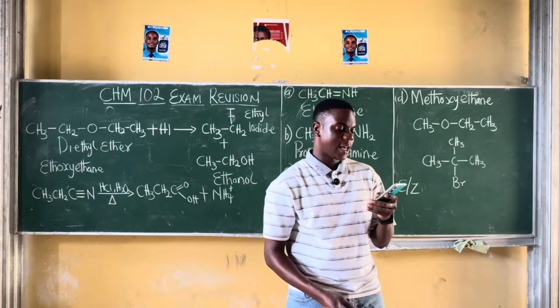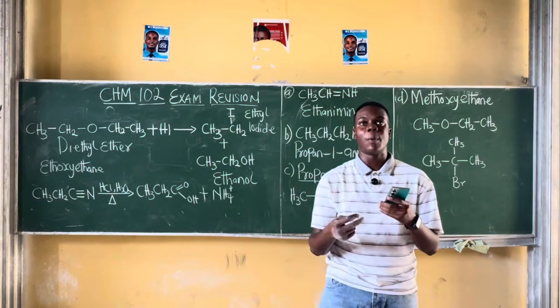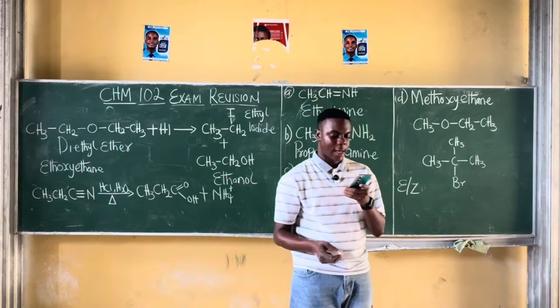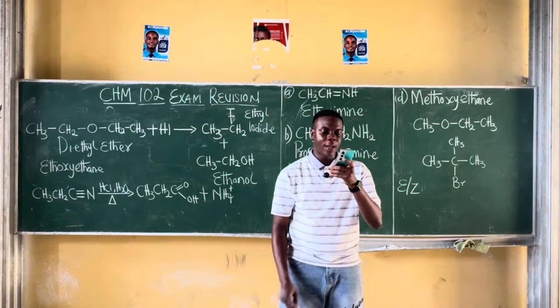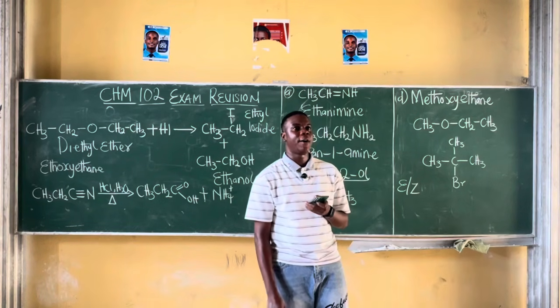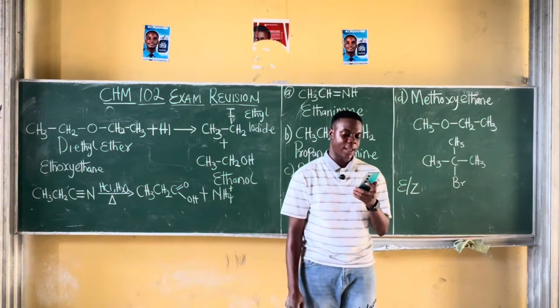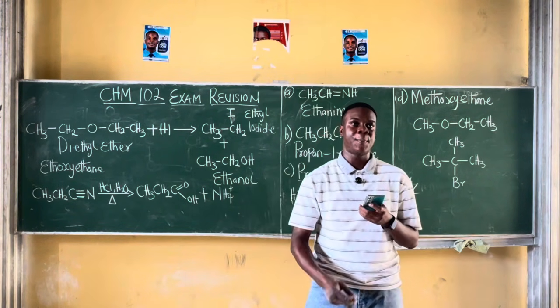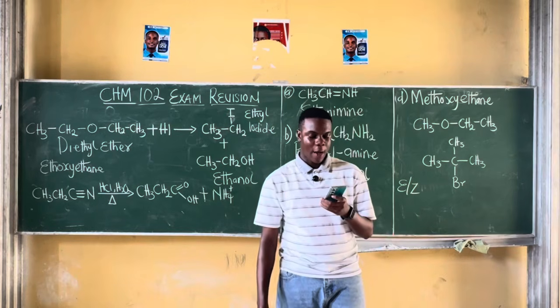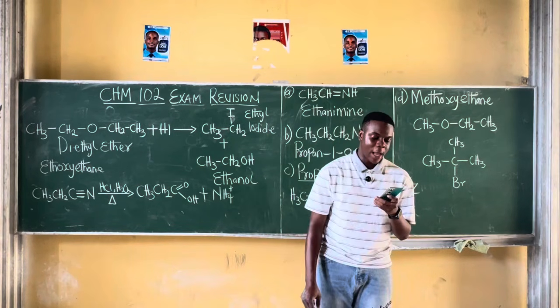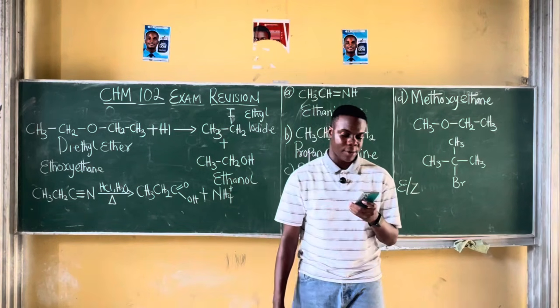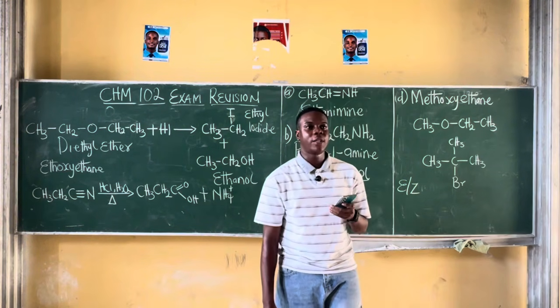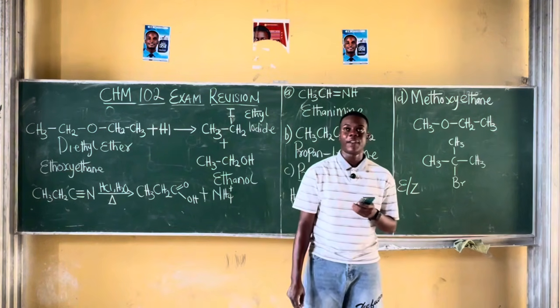You can see the options there: number of substituents attached to the double bond, the Cahn-Ingold-Prelog priority rules, also known as the CIP priority rules, molecular mass of the compound, and order of discovery.